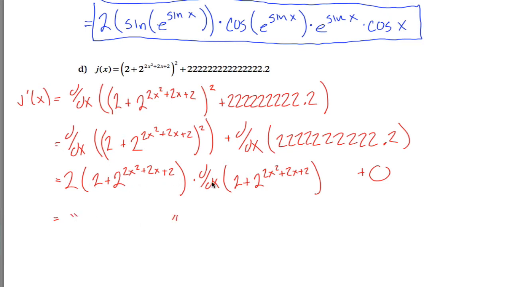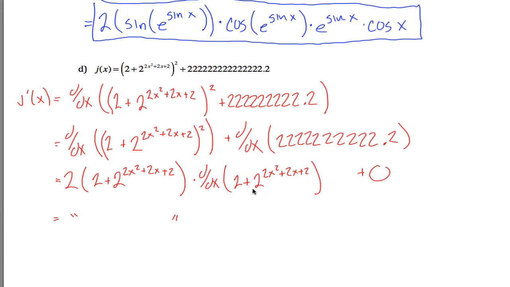Got all this stuff done. I still have to take the derivative of all this stuff. The derivative of a sum is the sum of the derivatives. Derivative of 2 is just 0, so this just goes away. So I need the derivative of what's left over here. The derivative of 2 raised up to the x power is 2 to the x natural log of 2.